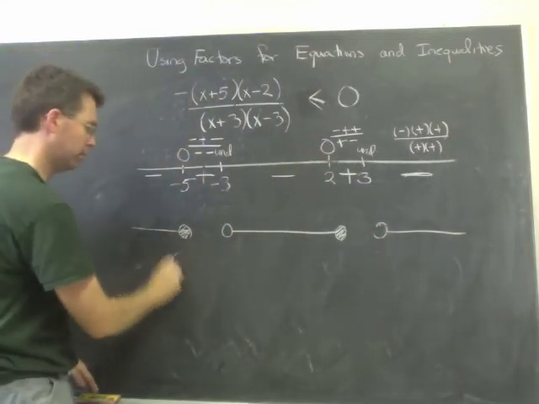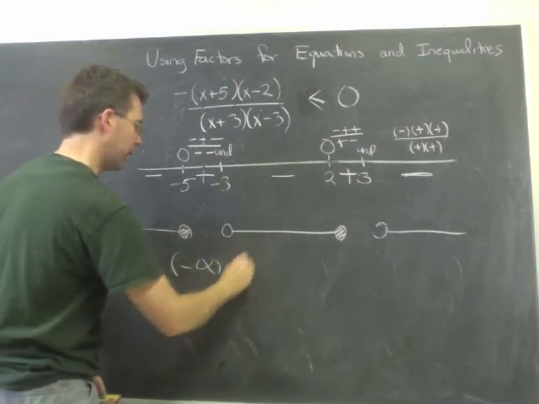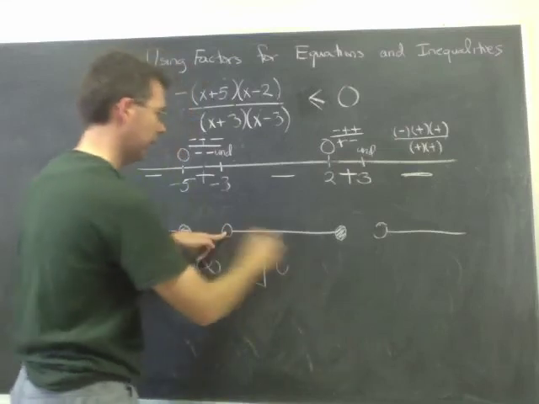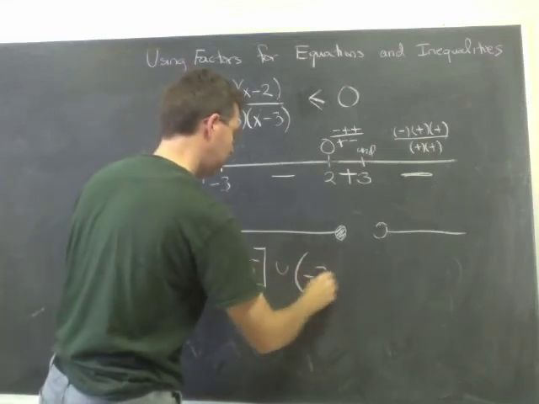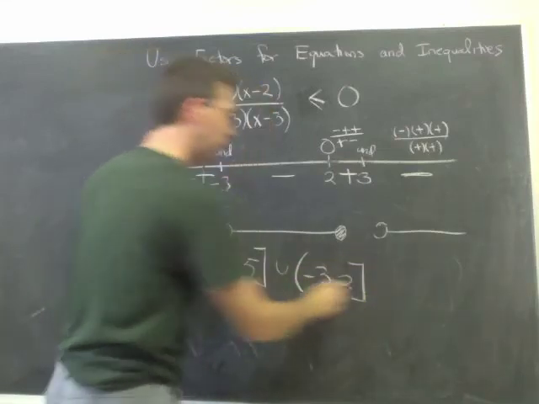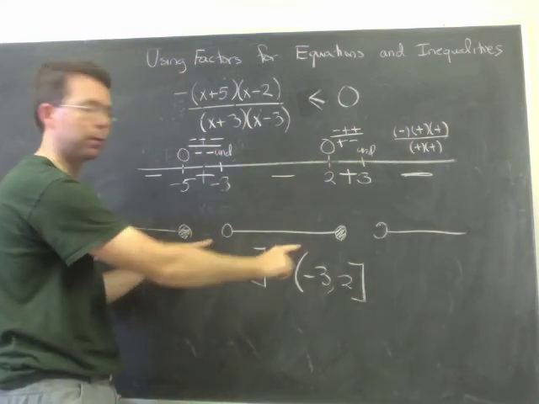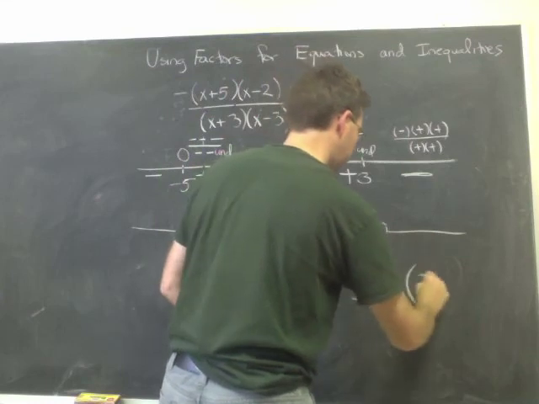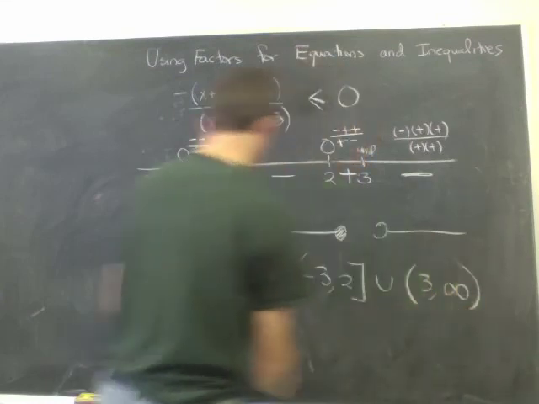And this interval is -infinity to -5, including -5, -3 to 2, including 2, that describes the middle interval, and 3 to infinity.